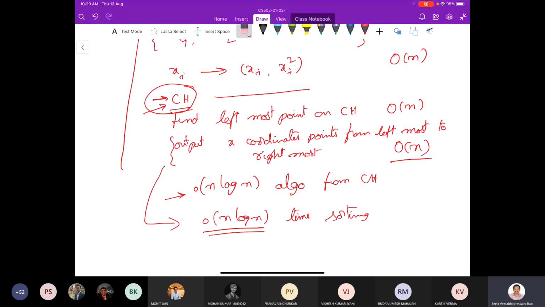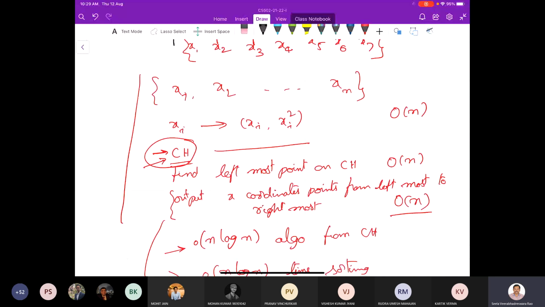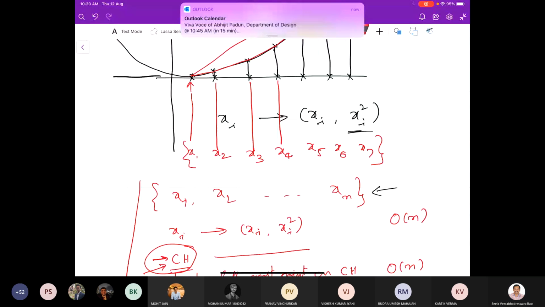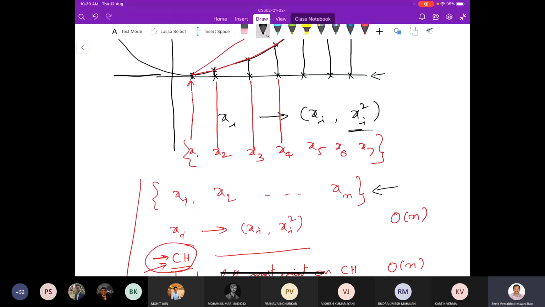So once again, I'm repeating what we have. We have n values given to us. We are interpreting these values as points on a one-dimensional plane, and we are vertically lifting these points onto a parabola y equals x squared.